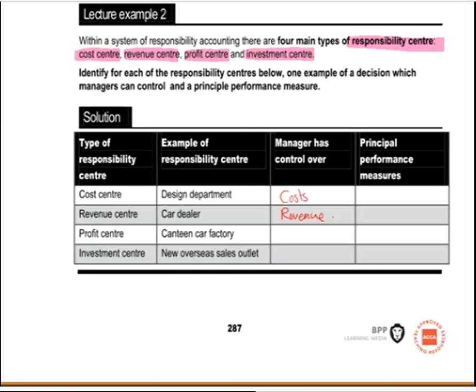Our profit centre, well, here we have control over both costs and revenues. In other words, our profit, the net of the two.